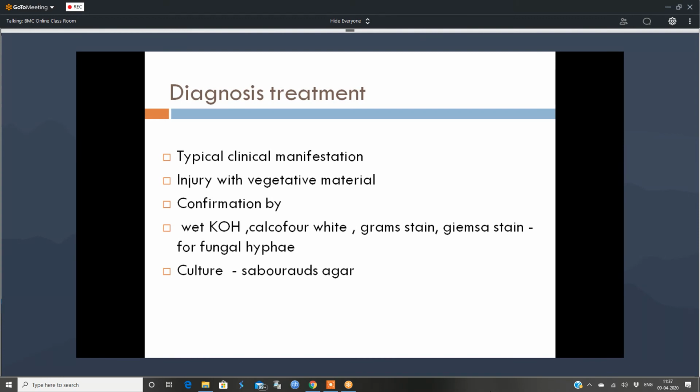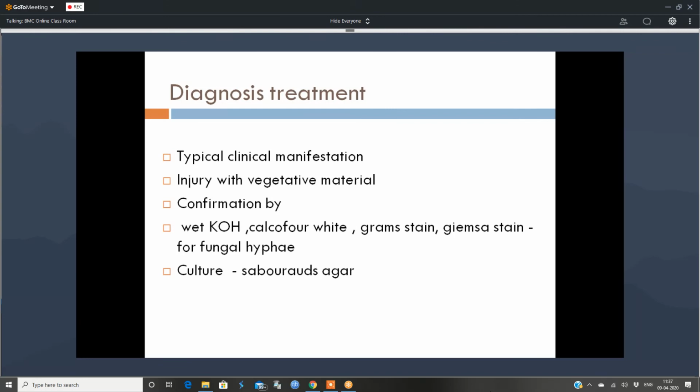But before that, we have to get laboratory evidence. So before starting the empirical treatment, we take the corneal scrapings. The method is the same as I told you before. You take a 26 gauge needle or a number 50 blade, scrape the ulcer from its edge or base, and then put it over a slide.